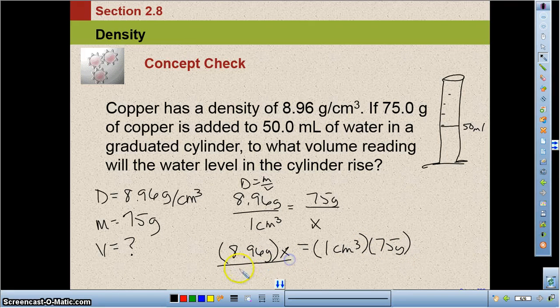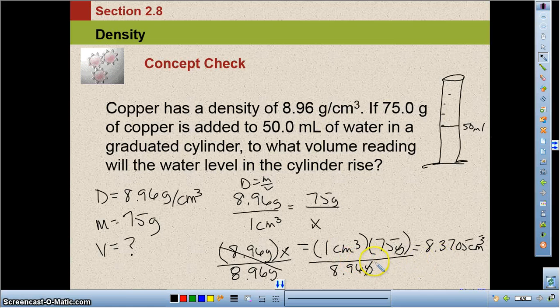We're going to divide both sides. It's just basic algebra. Divide both sides by 8.96 grams. That's going to get rid of our grams. We're going to do the math. So 1 times 75 divided by 8.96 is 8.3705. And my unit that's left over is cubic centimeters. So that's the volume that that piece of copper takes up.